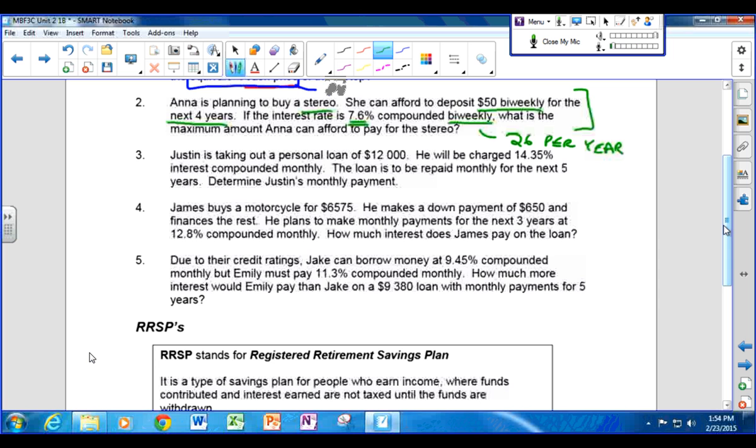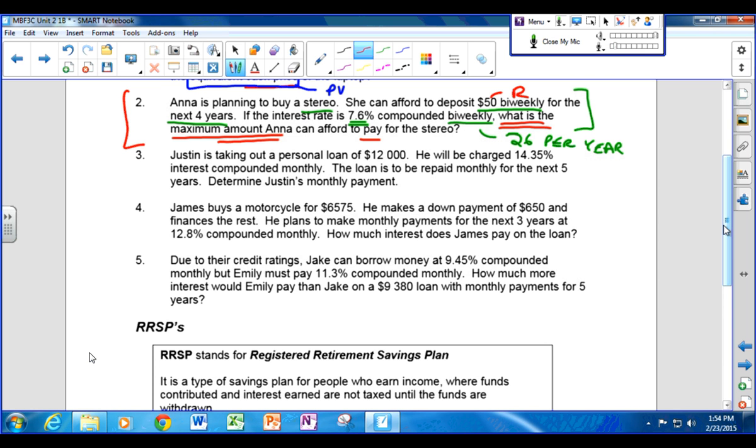What is the maximum amount that she can afford to pay for the stereo? Interesting. I'm trying to figure out what that is. Do they want to know the payment? It's not the payment. Oh yeah, okay.